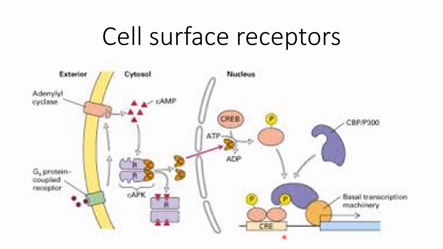CRE is basically a nucleotide sequence present on the DNA, and when it binds with CREB, the cyclic AMP response element binding protein, it can now activate the transcription. So the peptide hormones, which can't cross the cell membrane, can also mediate their response through transcription.